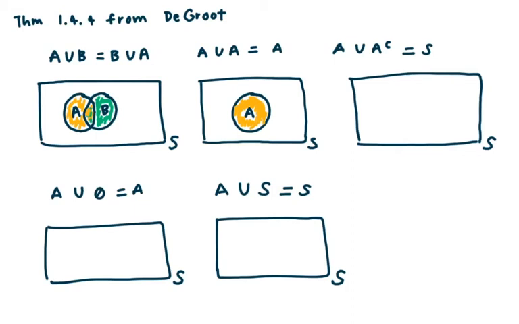Then next, it says A union A complement equals S. And remember that S is denoting our sample space. So here we have A. And so it could be A. Okay. It could be A complement.